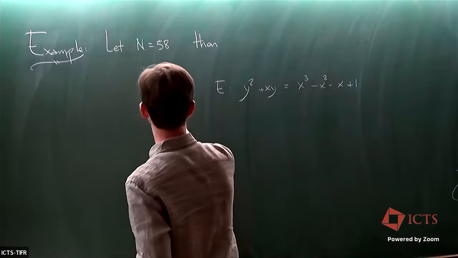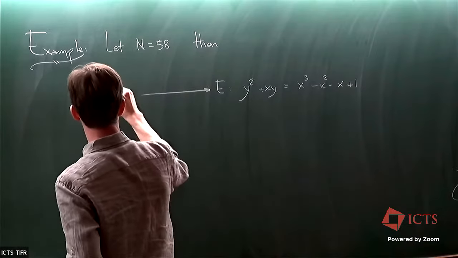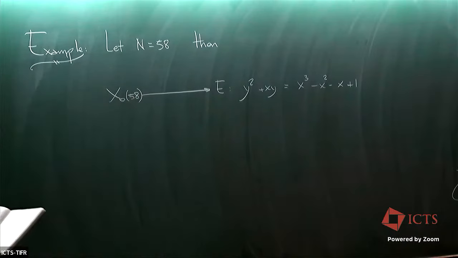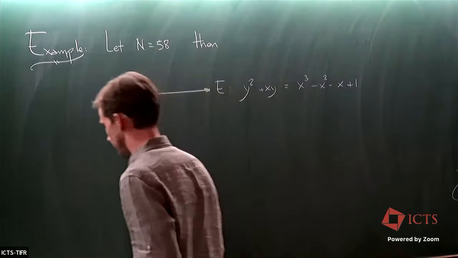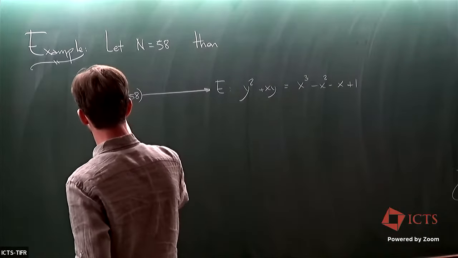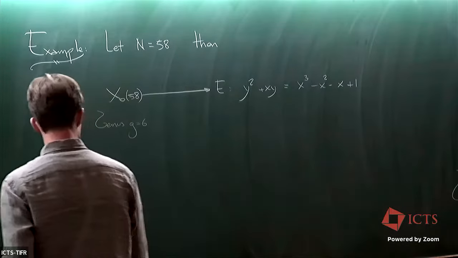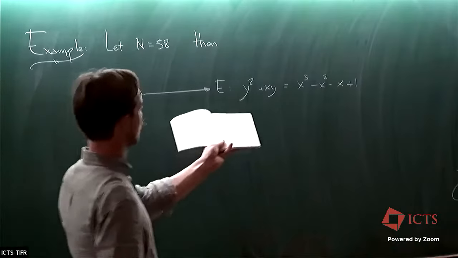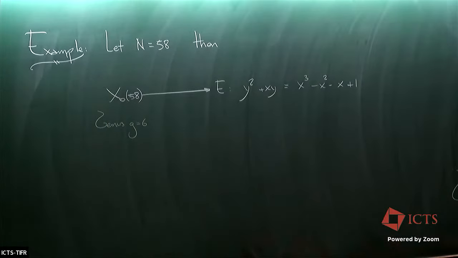So I know that there's a map from this curve, X_0(58), onto this elliptic curve E. Yeah. Now, X_0(58) is quite a large modular curve. It has genus 6. Genus g is equal to 6. And this one, of course, is genus 1. So inside of the Jacobian, this map kills a 5-dimensional piece.